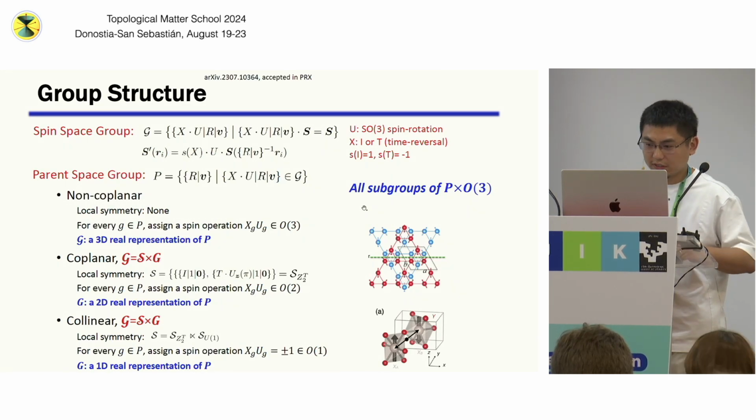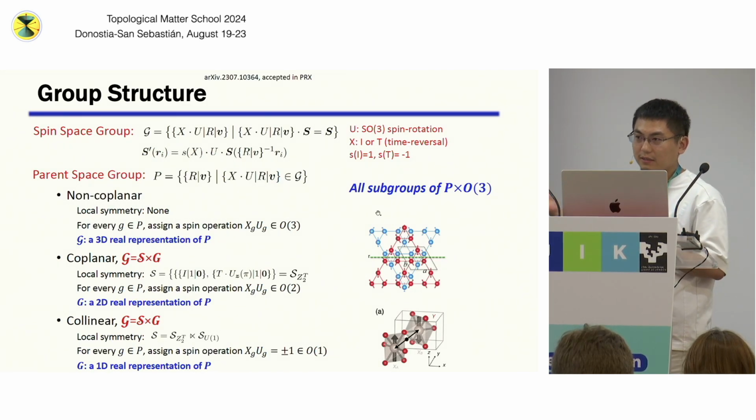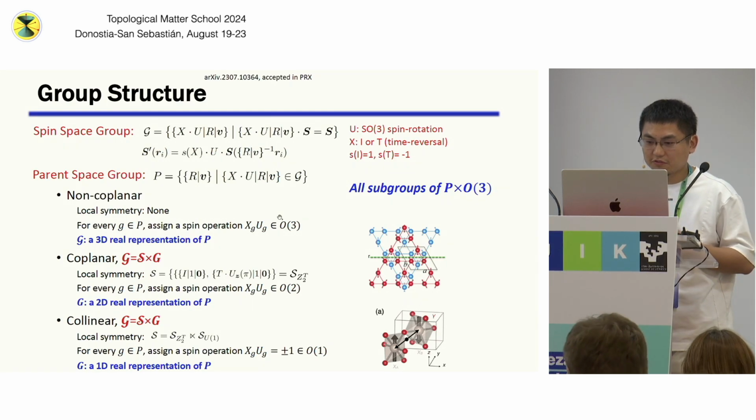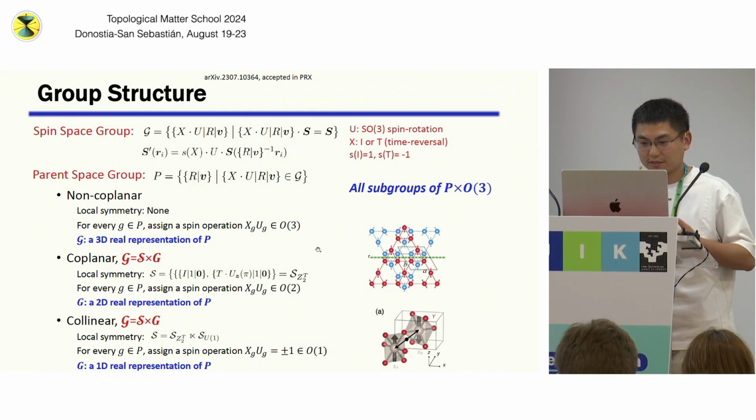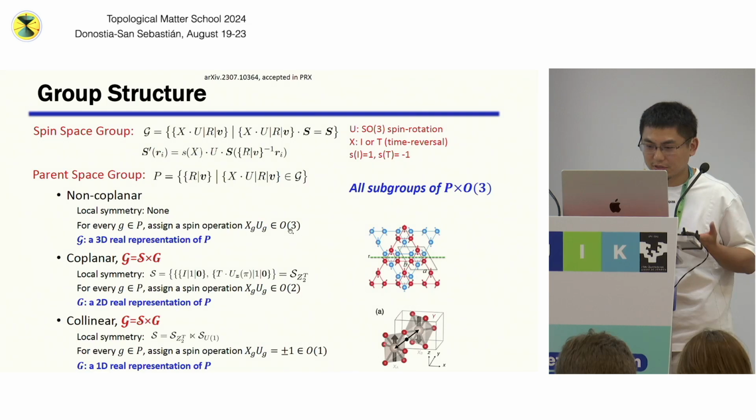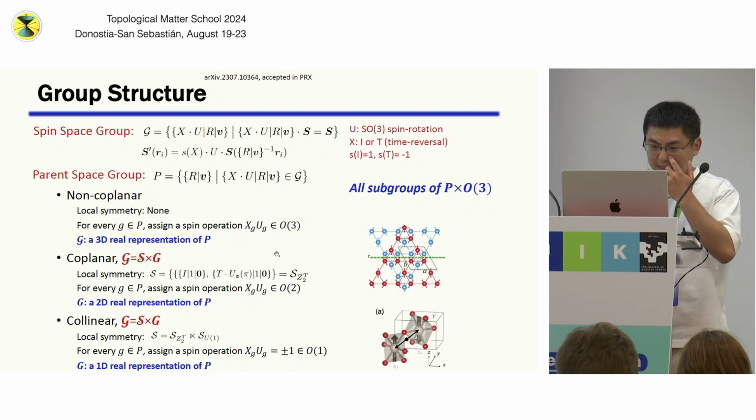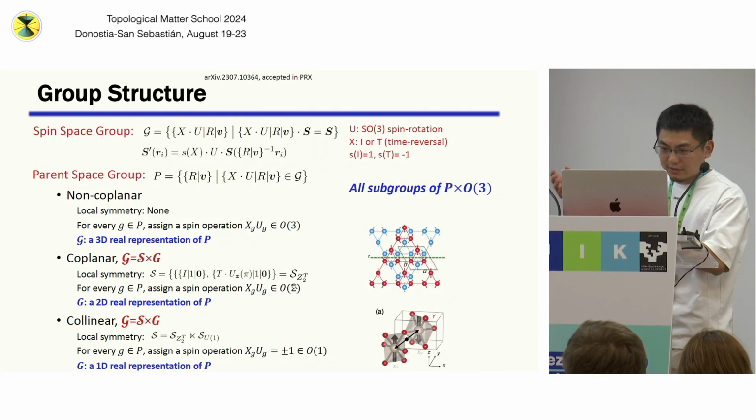So for example, for a generic non-collinear structure, we only need to find all the possible 3x3 matrices, all the three-dimensional representations. There are still some subtleties.